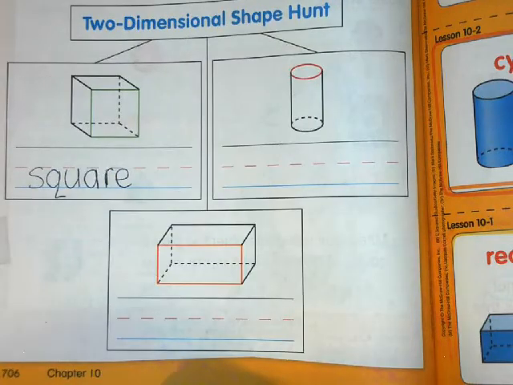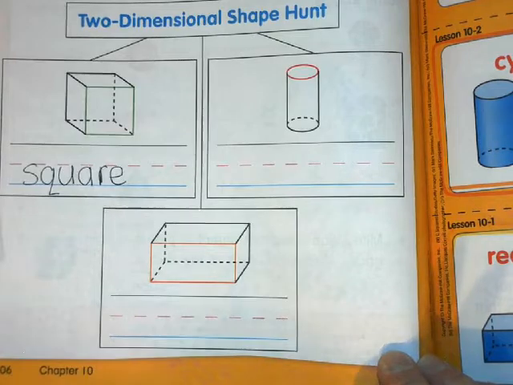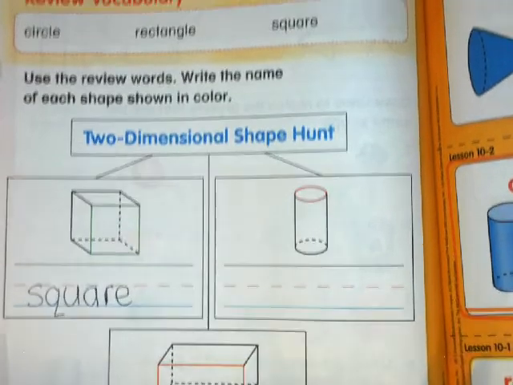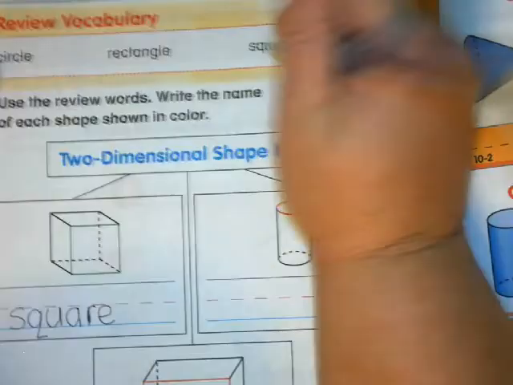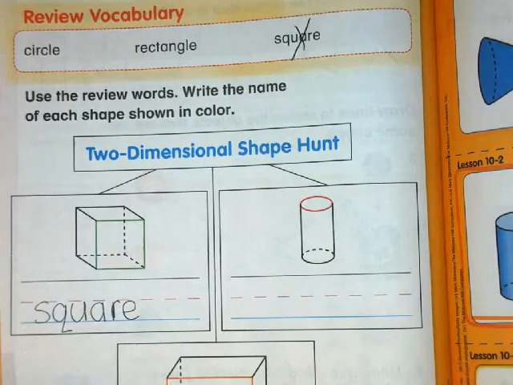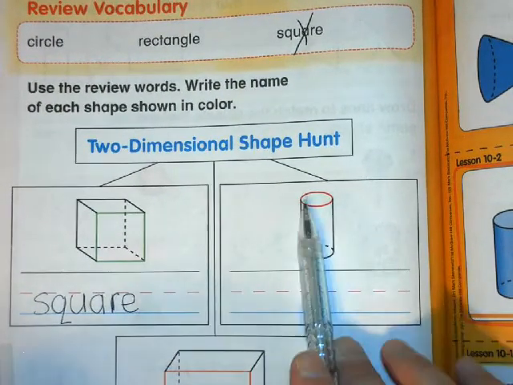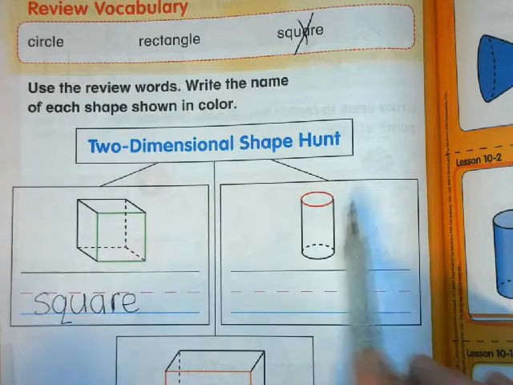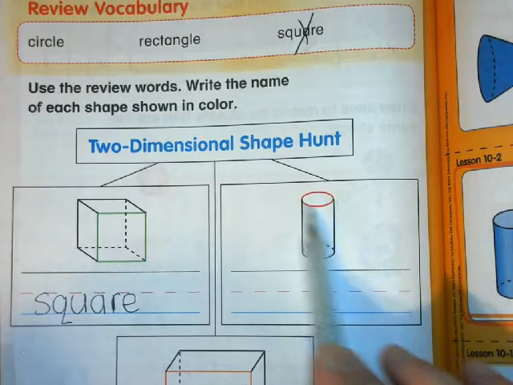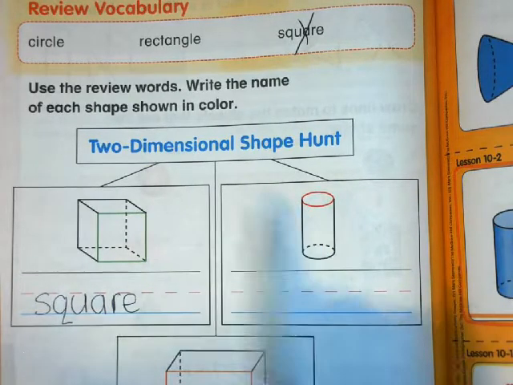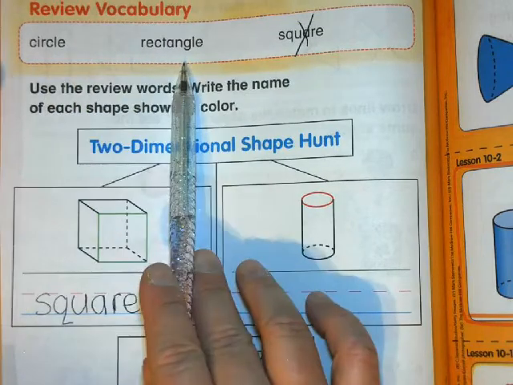Please use your best handwriting. It's a good time to practice. Okay, then I'm going to cross out square up in the box because I already used it. Okay, next you're going to look at the cylinder. This is a cylinder shape. But what shape is at the top in the red? Is that a circle or a rectangle?